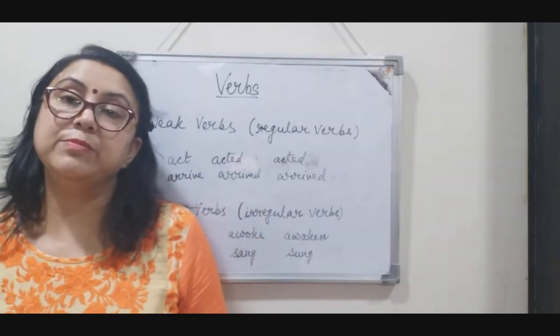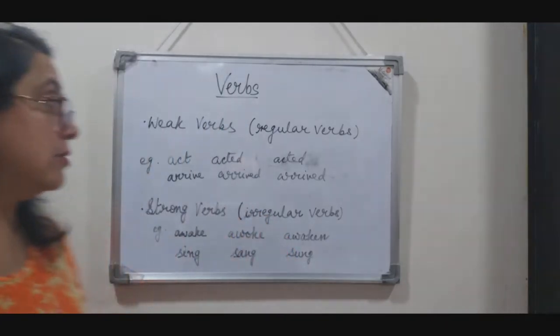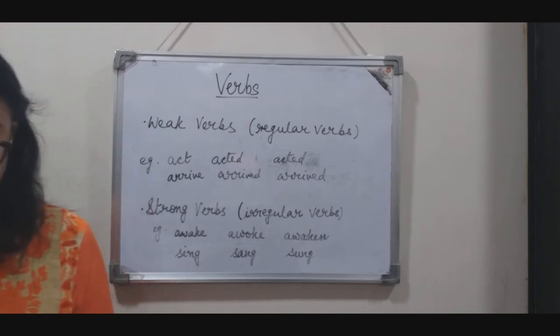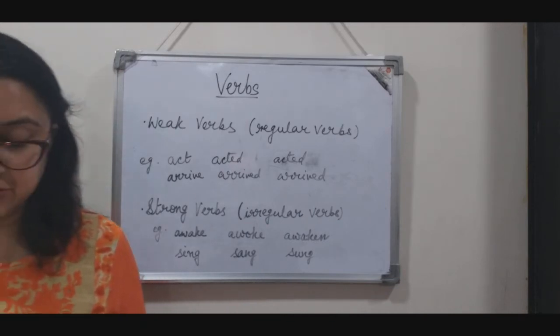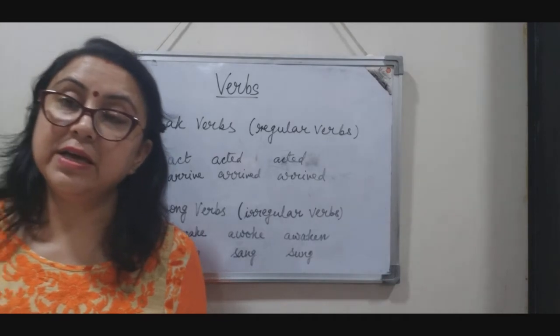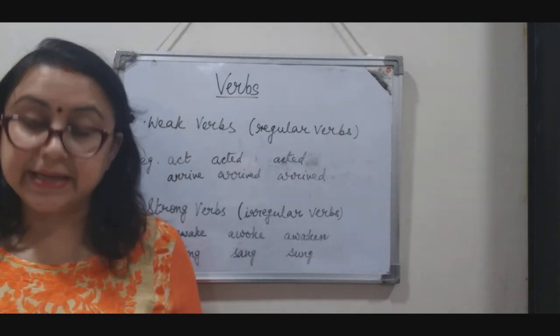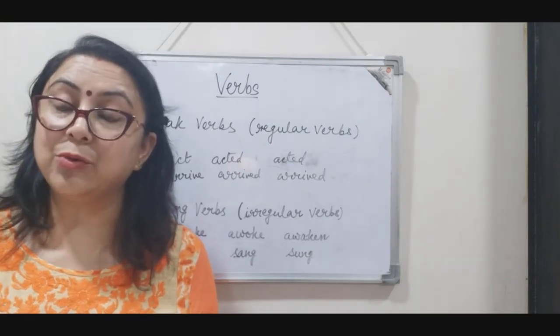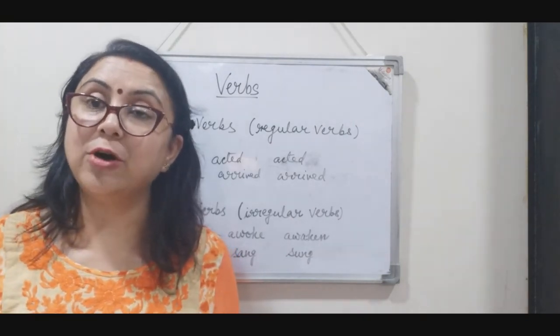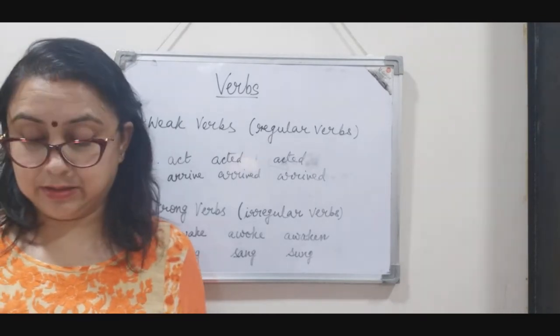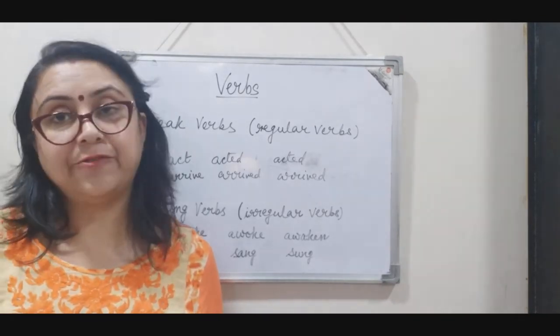One thing to keep in mind when we talk about weak verbs and strong verbs is that the distinction between a weak verb and a strong verb is based on how the past form and the past participle form of the verb is formed, right?